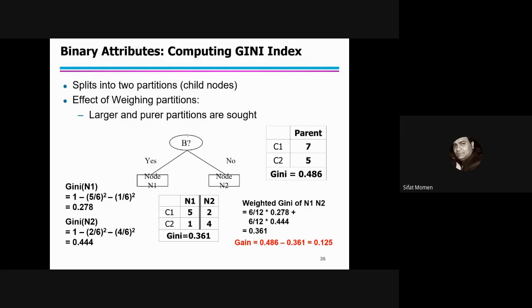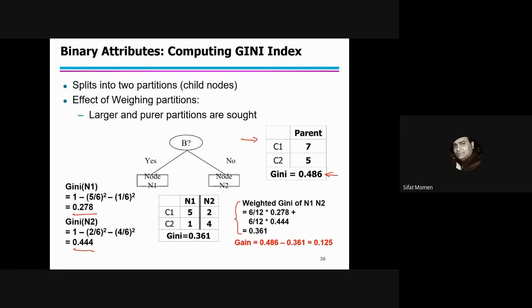So here's an attribute B, which we are using to divide. Now this is what happens before splitting. So you find the Gini value before splitting. Then after splitting, you have node N1 and node N2. You find the Gini for node N1, and then for node N2, and then you find the weighted Gini.